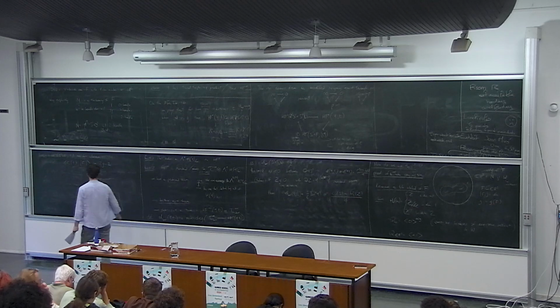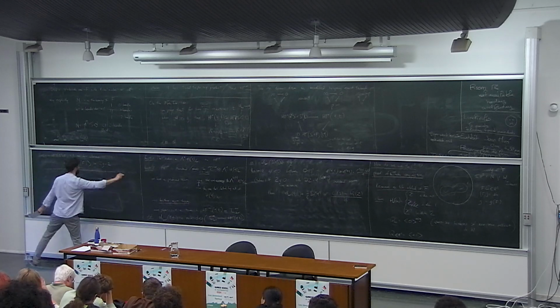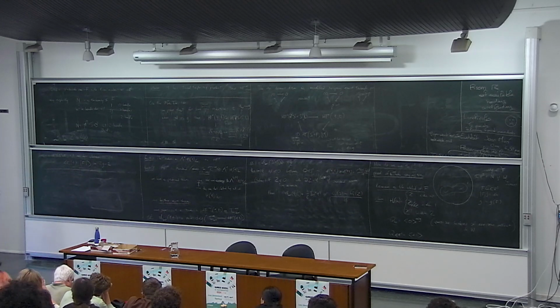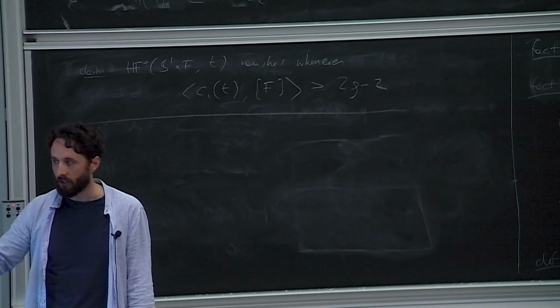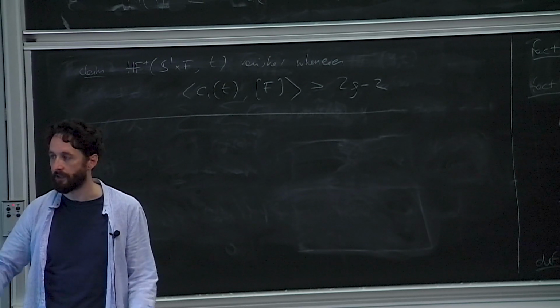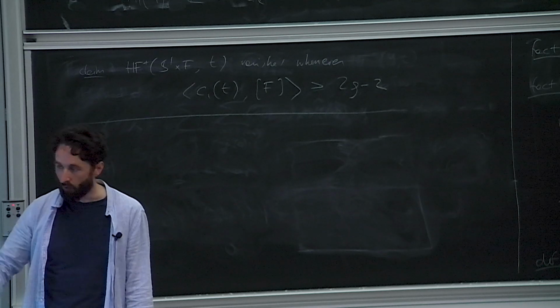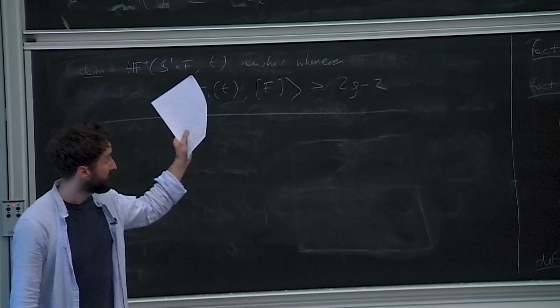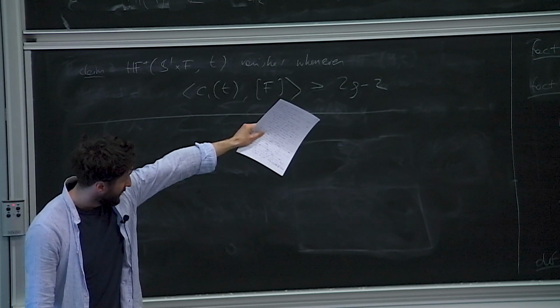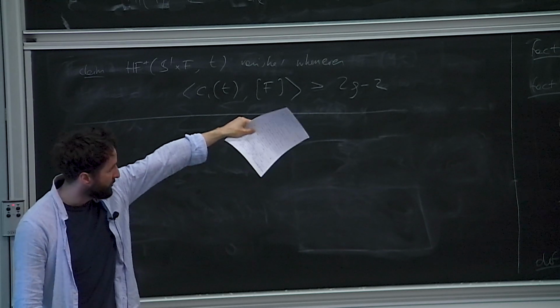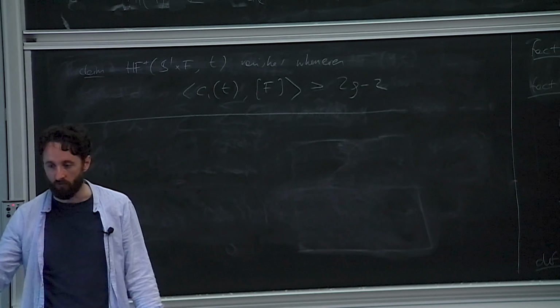What's the bottom line? Yes, you're saying that we can choose a good surgery coefficient. If the surgery coefficient is sufficiently large, there's a subset of spin-C structures on Y for which the corresponding groups at the bottom all vanish.